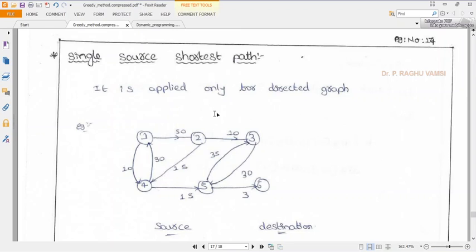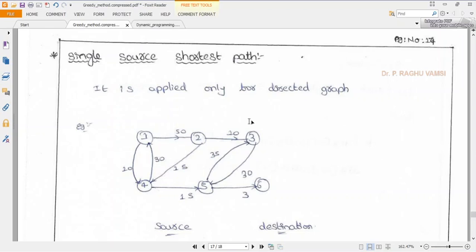In the greedy method, we have seen that it is a way of solving a problem by taking the best optimal local solution. Once you have the local solution, we proceed to the next local solution, and we combine all those local solutions to form the global solution.